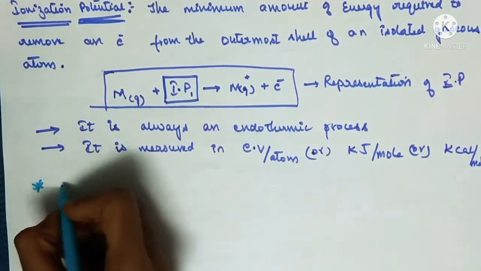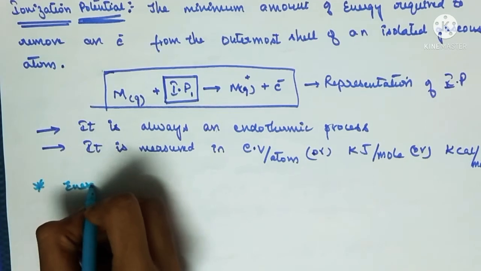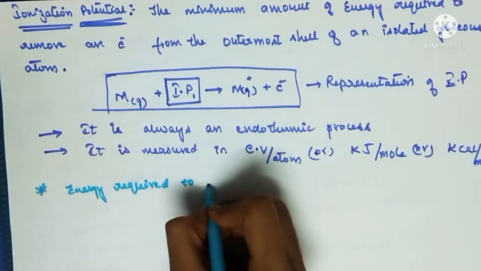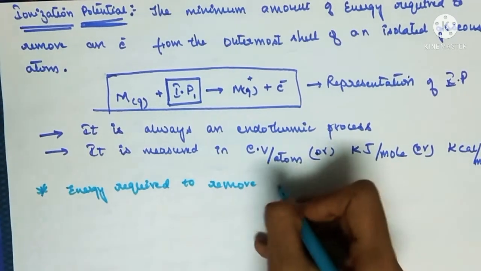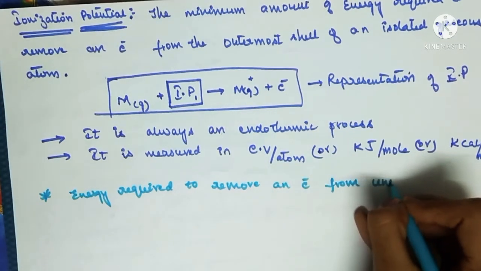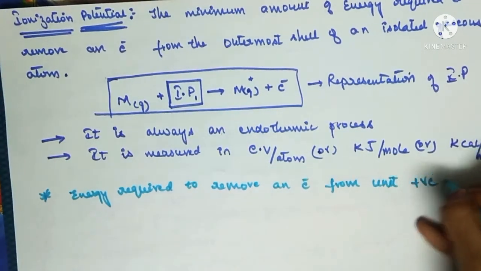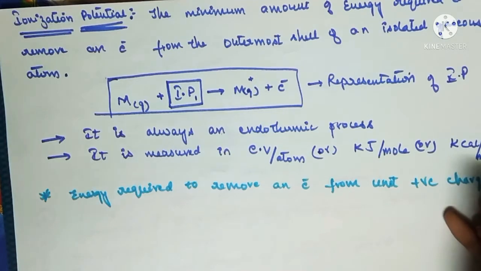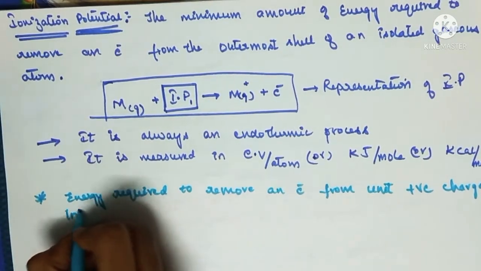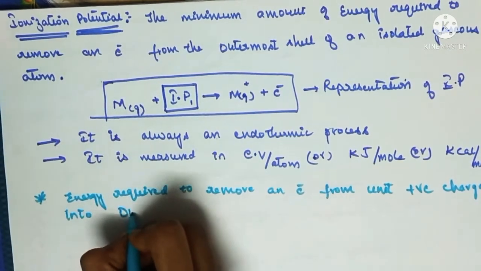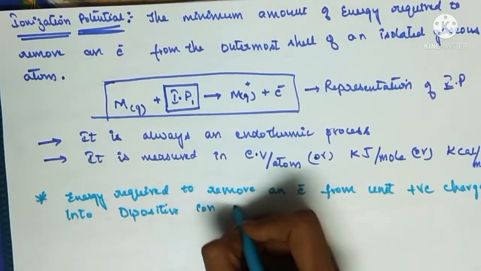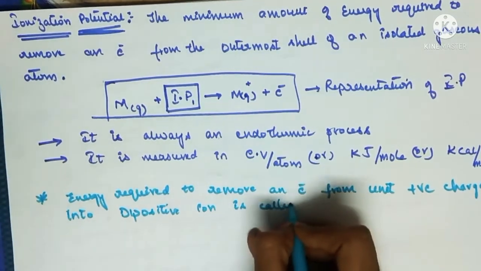So energy required to remove an electron from unit positive charge into dipositive ion is called IP2.